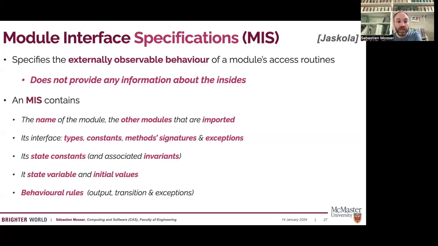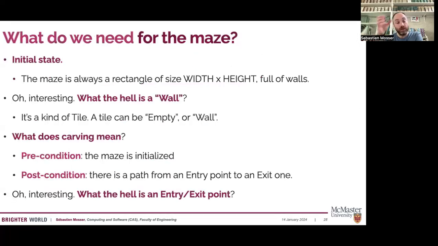How do I start? What are my initial values? And we'll also give the behavioral rules: if I'm in that state and I move to that state through that method, this is what's going to happen. Again, not describing anything about implementation and how those things are done. It's really all about what I need and the semantics of what I need. So let's look at the maze.